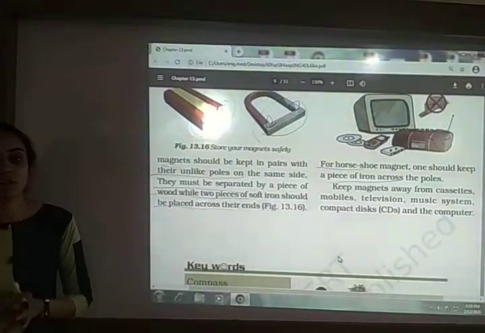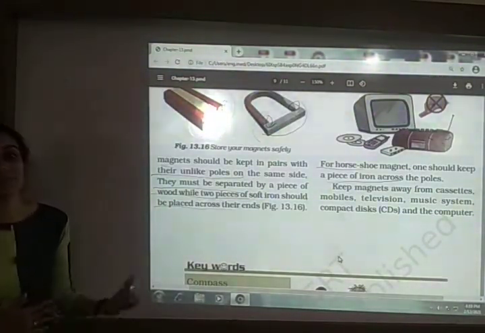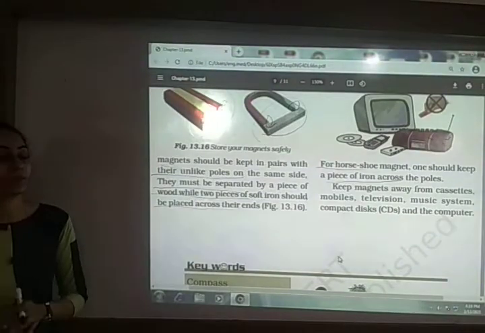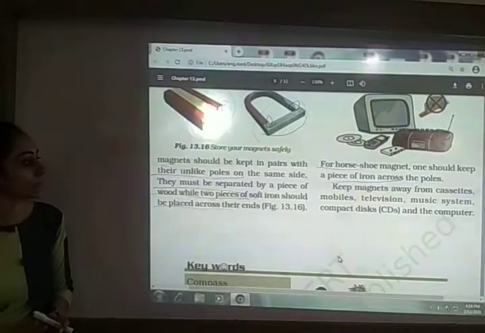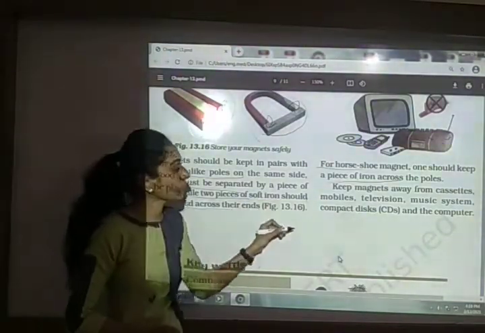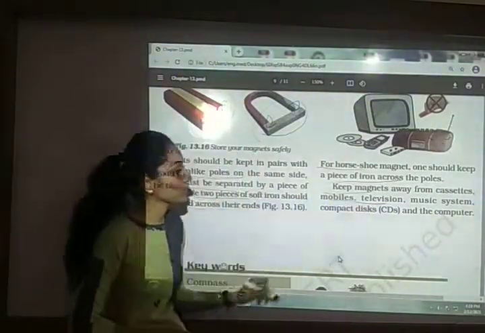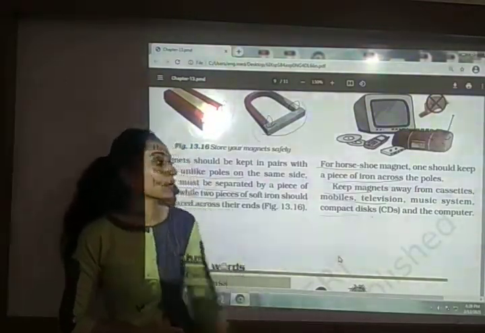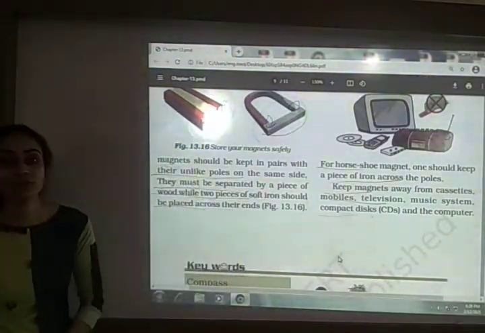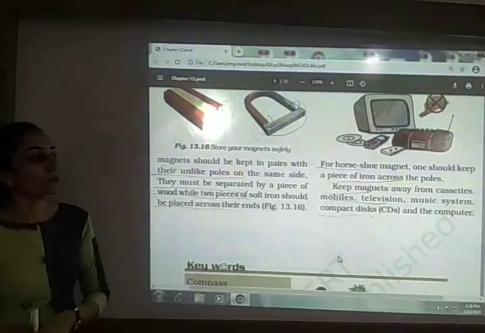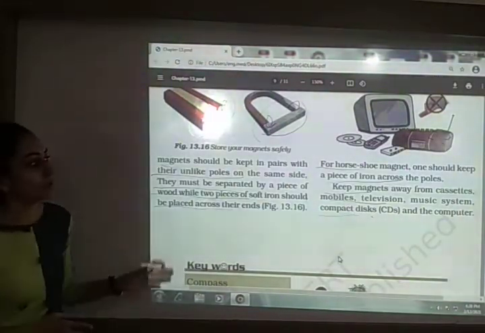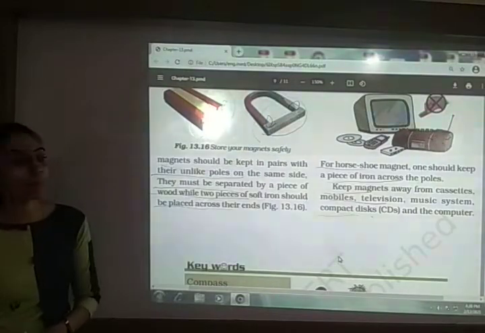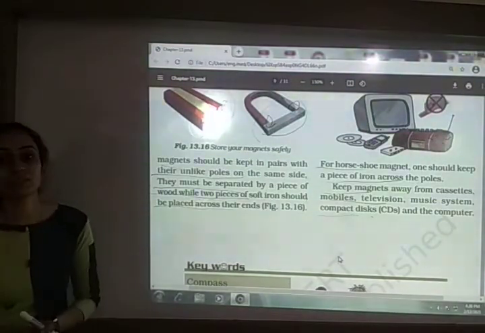So these are the precautions, the things you can keep in mind while storing or handling magnets. Now keep magnets away from cassettes, mobiles, televisions, music systems, compact discs, that means CDs, and computers. You have to keep magnets away from all these devices like cassettes, mobiles, television, electronic devices.